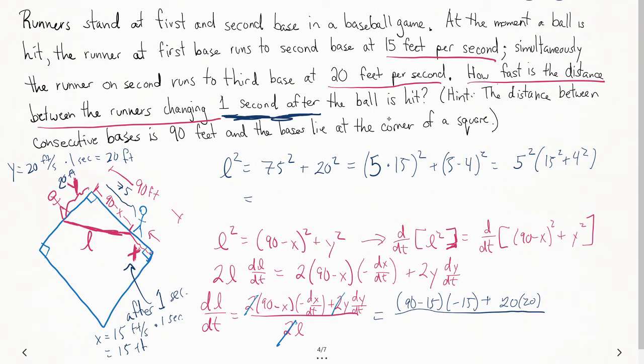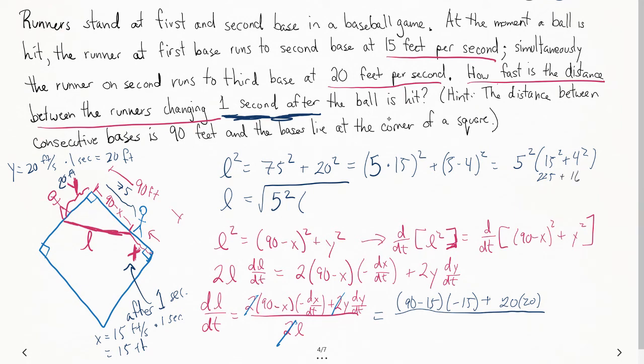So what do we get? L equals the square root of 5 squared times, and then what's 15 squared? Well, that'll be 225 plus 16, so that's 241.